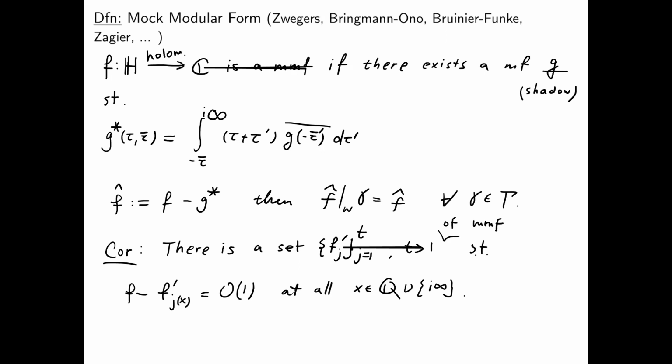Okay, so that's the definition, and hence mimicking the case in the case of modular form, we can define again a function on the rationals by taking the limiting value, okay, of the difference. All right.